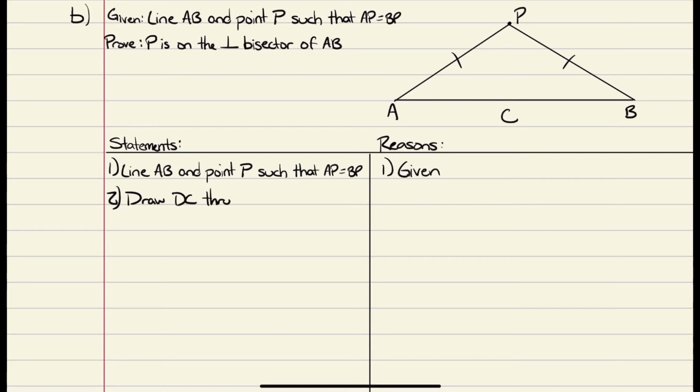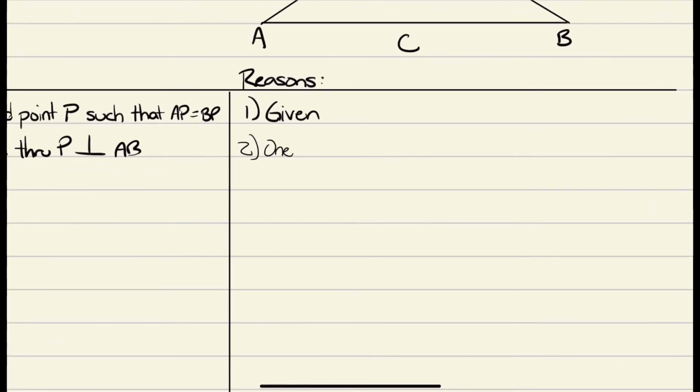The reason: 1 and only 1 perpendicular can be drawn to a line from a point outside the line.